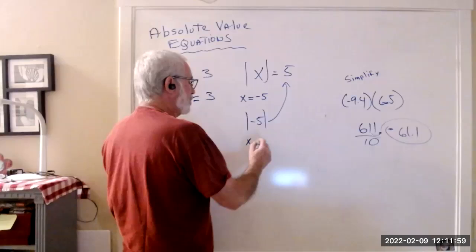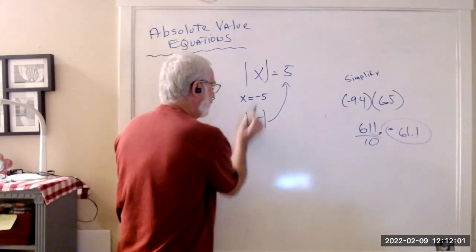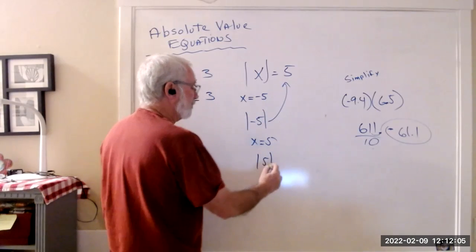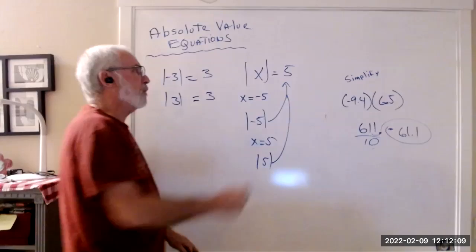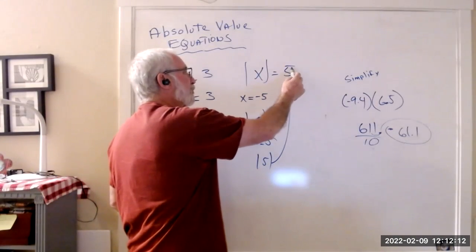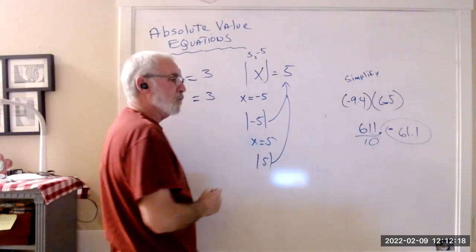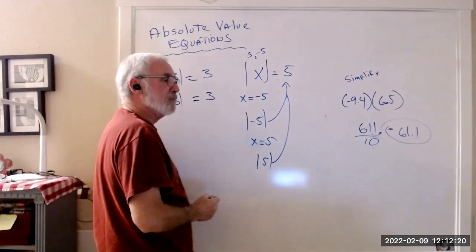Or x could be +5, because we know the absolute value of +5 is also 5. So when you see the answer is 5, the inside could have been 5 or -5. We don't know. It's both.